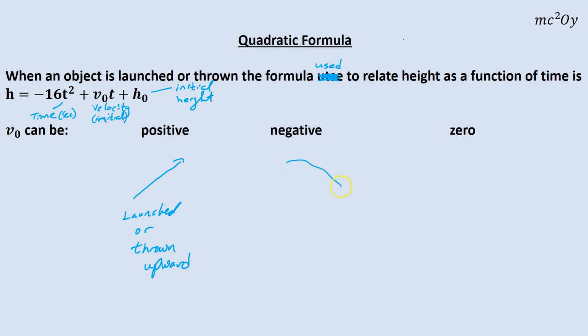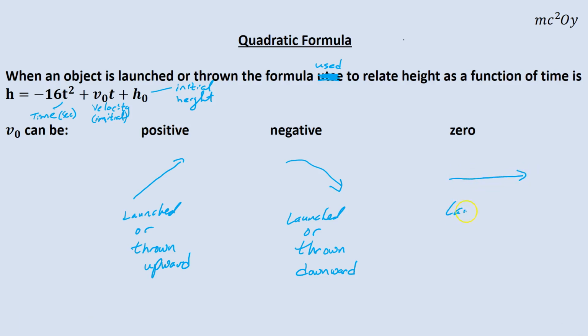If an item is being launched or thrown downward, V would be negative. And if your item is being launched or thrown parallel to the surface, that didn't look too parallel to the surface if we're just using our computer there.